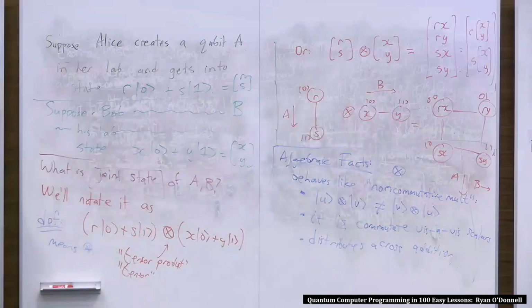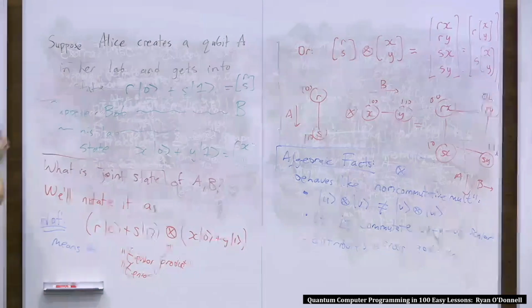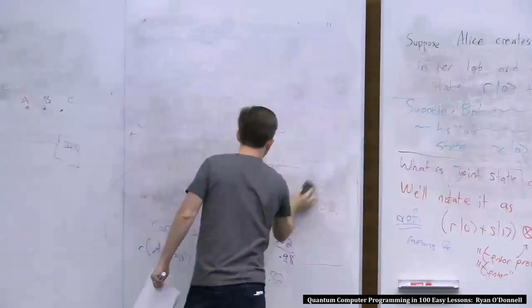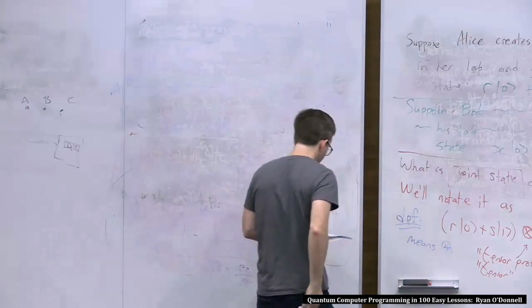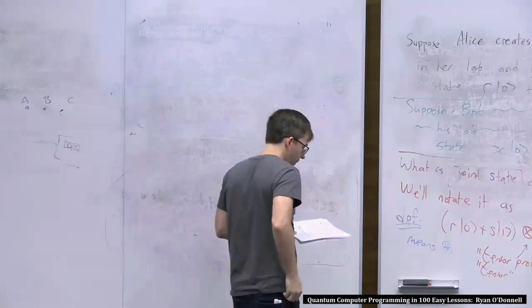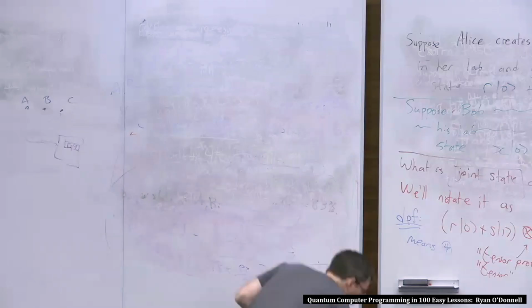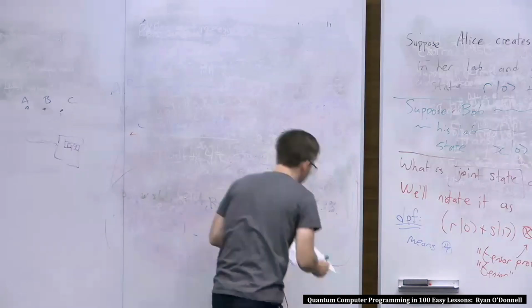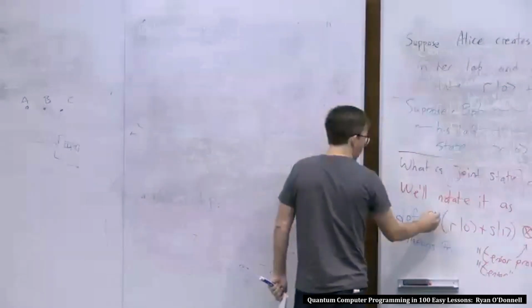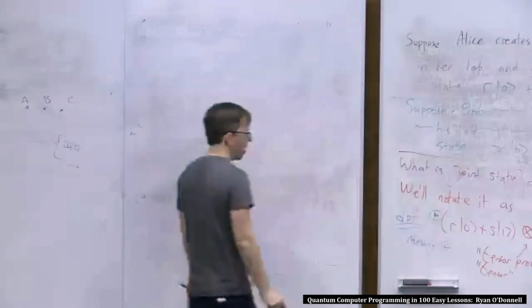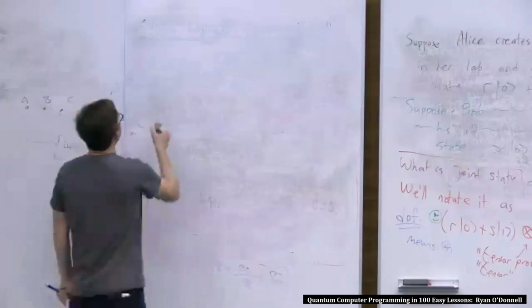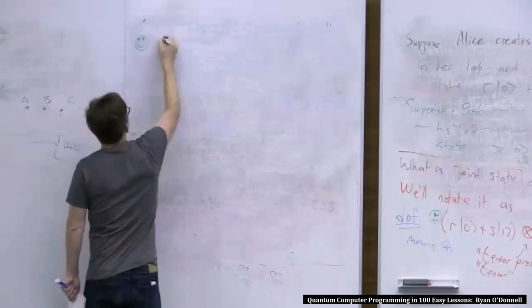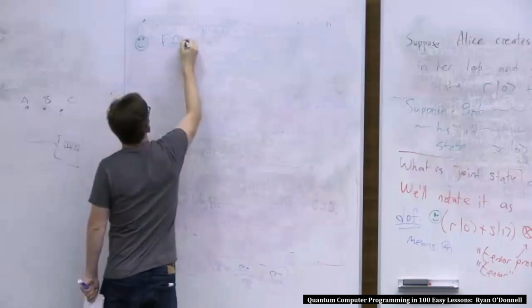Okay, so let me illustrate this. I'll start from here. And I'll just FOIL it. You know FOIL, right? From high school or maybe middle school. This is like expanding a binomial product. First, outside, inside, last.